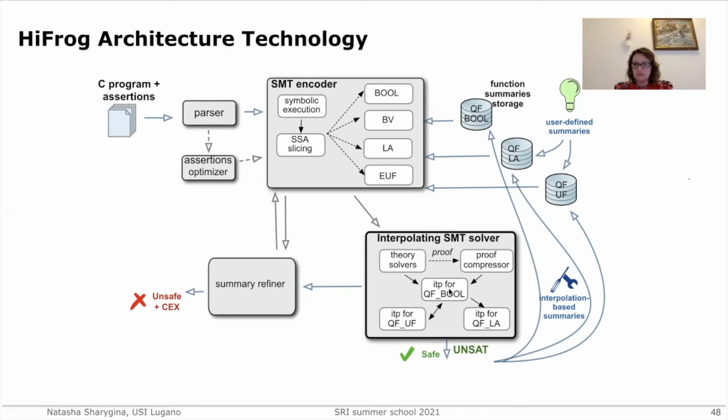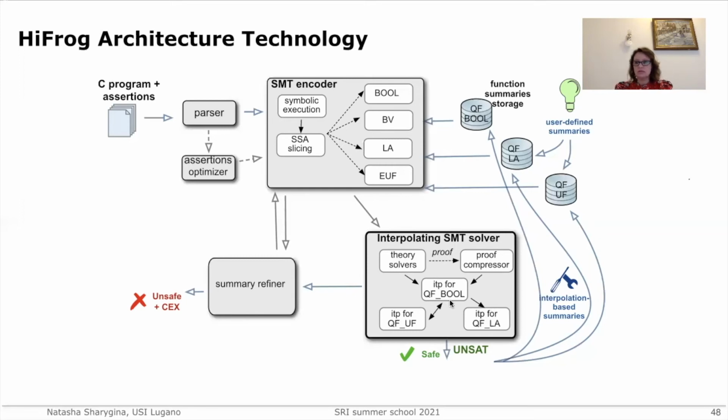What's important for you to see is that there are some procedures which we call ITP. These are the decision procedures for the computation of interpolants. So we can compute interpolants for the Boolean logic encoding or for uninterpreted functions or linear arithmetic. It really depends on what kind of encoding you are giving to the solver. For the corresponding encoding, it will use the corresponding interpolation decision procedure.